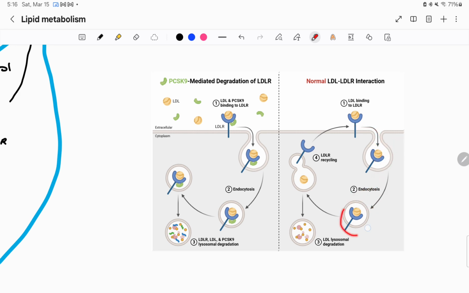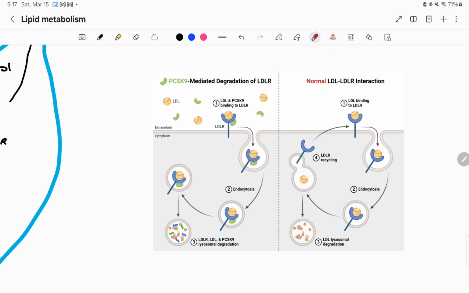Where you'll have this endosome containing both the LDL receptor and the particle. But then something cool happens. The LDL receptor will then become separated from the LDL particle, and the LDL receptor will become recycled and go back to the surface of this actual cell, whereas the lipoprotein itself, the LDL, will go and fuse with a lysosome and become degraded and release all of those cholesterols and all that stuff that was in it, okay? So that's the pathway.